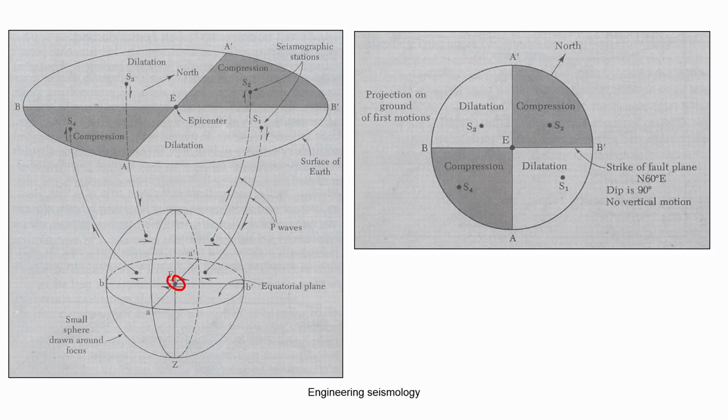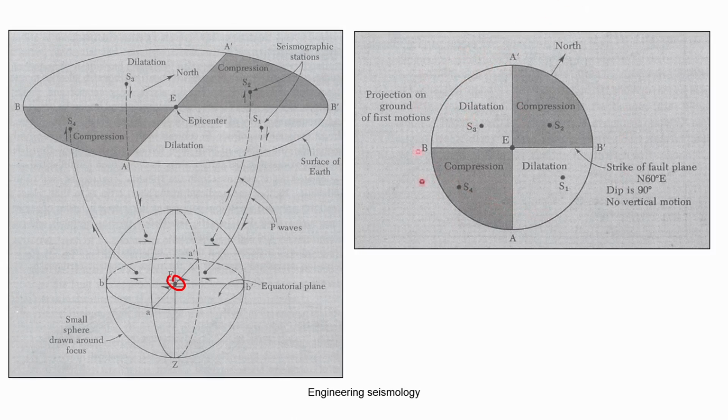You can project that and make it a circle. You can see this is a circle. In the circle you plot wherever you have a tension and wherever you have a compression. After plotting that, you identify the area covered by the tension and by the compression, and it gives a diagram like this, a beach ball in plan view.